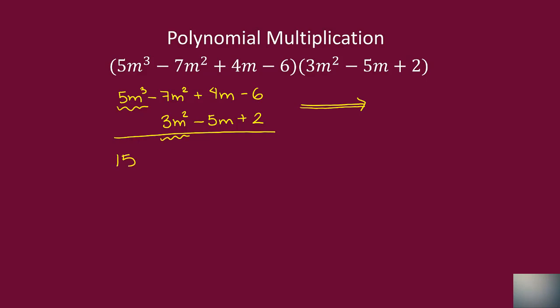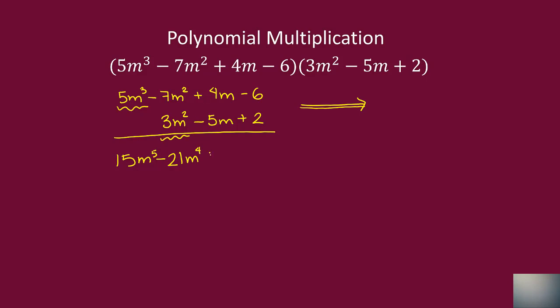M squared times m third power gives me m fifth power. Remember, 3 plus 2, 5. Now we multiply times my next term, negative 7m squared. Positive times negative, negative. 3 times 7, 21. M squared times m squared gives us m fourth power because we have 2 plus 2. Then I continue with the third term.